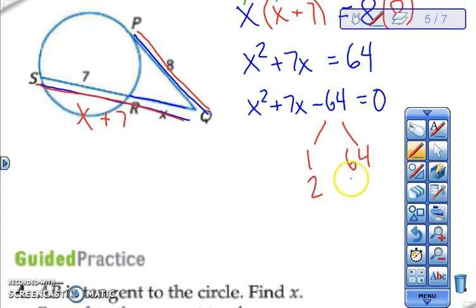So the things that will multiply to 64 are as follows: 1 and 64, 2 and 32, 4 and 16, 8 and 8.